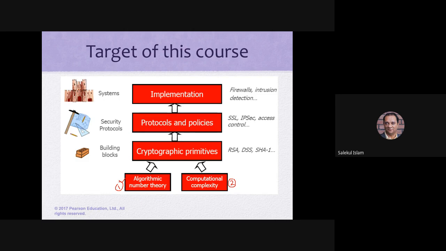If you go back to the beginning of 1900, maybe 1920, 30, 40, you will find that many mathematical definitions and theories, such as number theory, existed even in that period. Now based on those things, mainly the mathematicians developed some cryptographic primitives, and here we are saying that these are the building blocks.